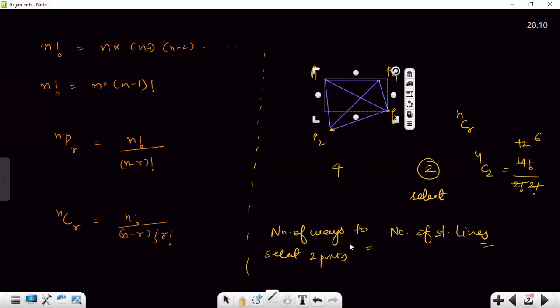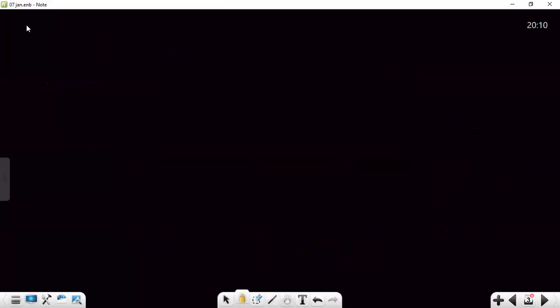So from here, we can conclude that the number of straight lines drawn within n points is the selection of 2 points out of those n points. Simple. The number of ways we can select 2 points will be your number of straight lines.